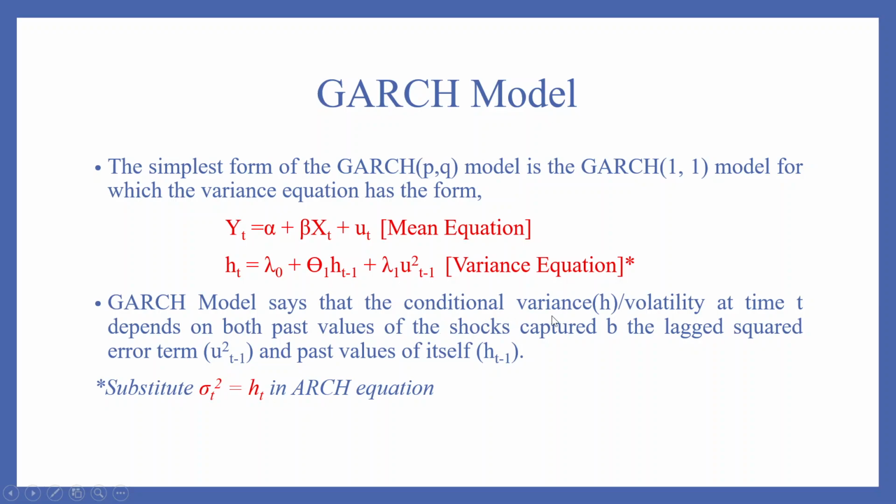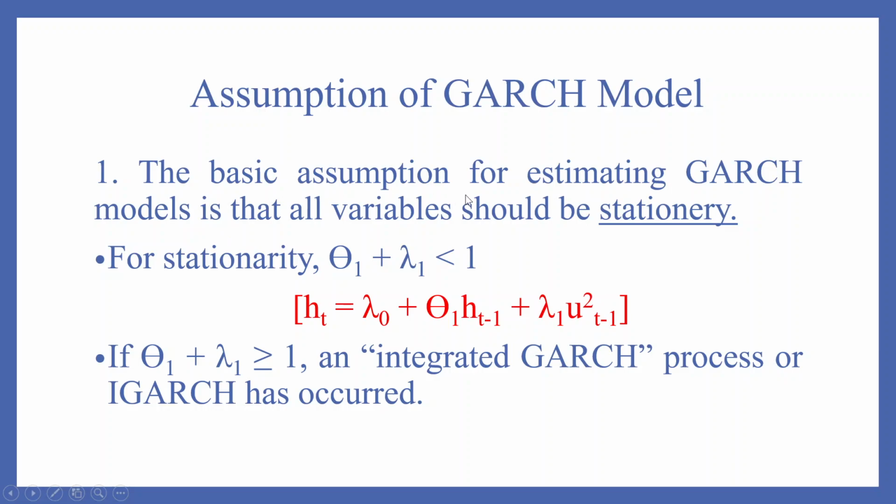The GARCH model says that the conditional variance, or volatility, at time t depends on both past values of the shocks, captured by the lagged squared error term u square t minus 1, and the past value of itself, ht minus 1. The basic assumption for estimating the GARCH model is that all the variables should be stationary.